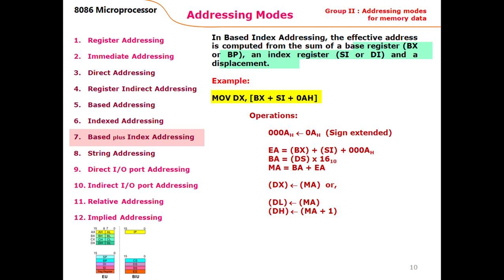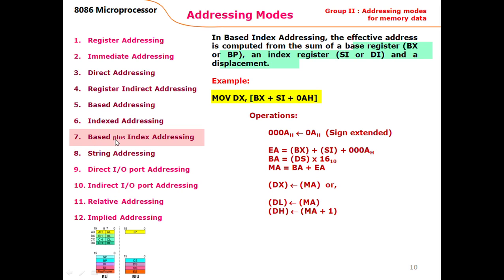So the effective address is computed from the sum of a base register, for example BX or base pointer, plus an index register, which can be source index or destination index, and an 8-bit displacement. In some books, this addressing mode is just called base index addressing mode, but a good way to call it is base plus index. It is easy to remember.